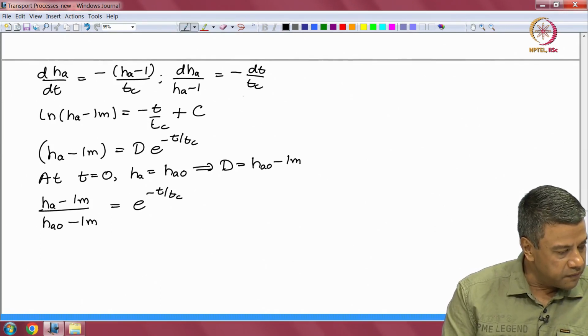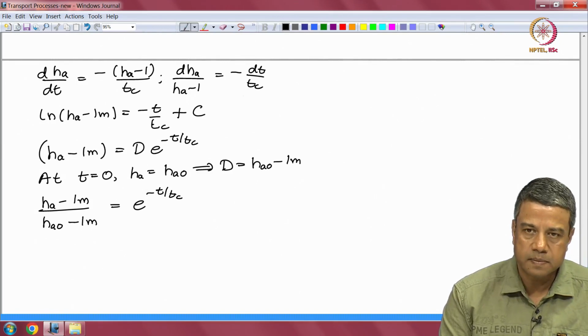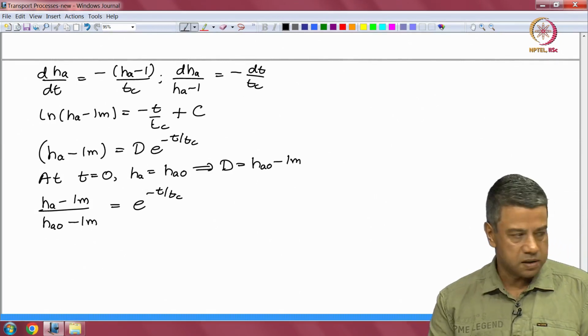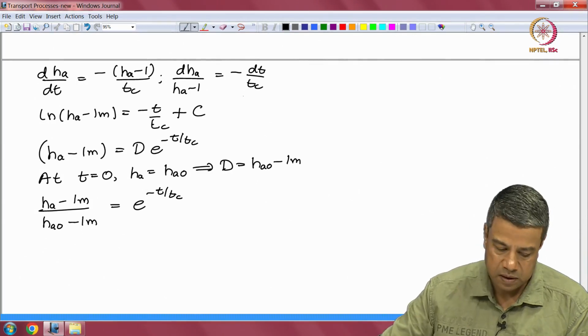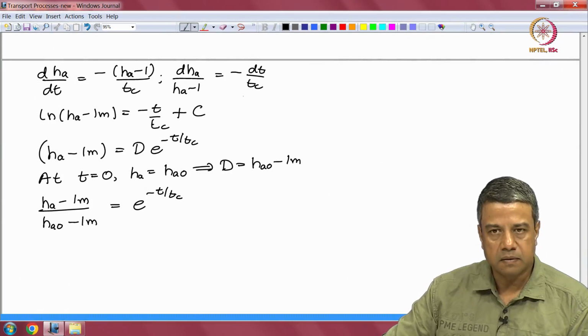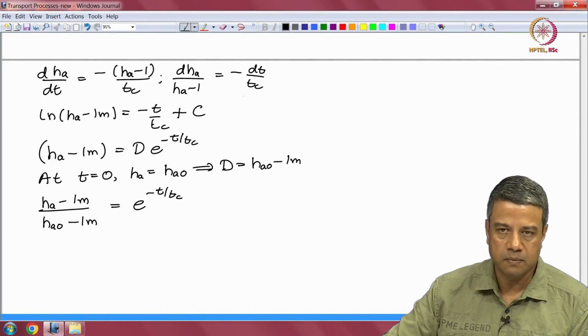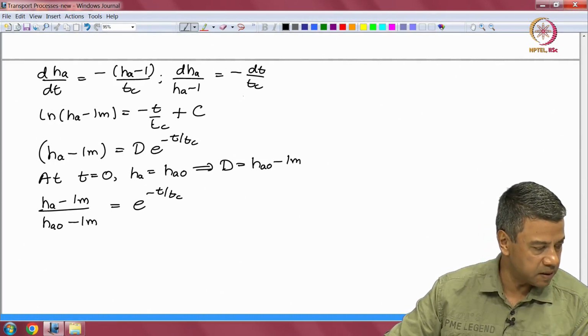So, this gives you the variation of height with respect to time. Now that we have the height with respect to time, we can also get the flow rate with respect to time.